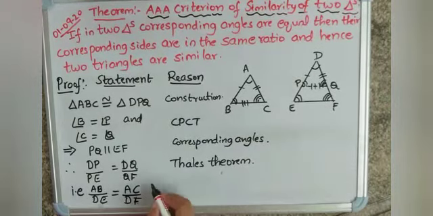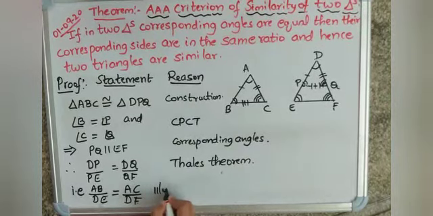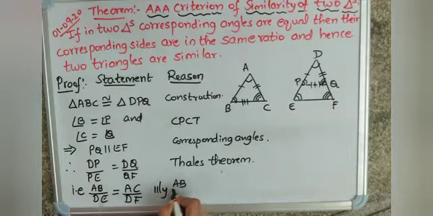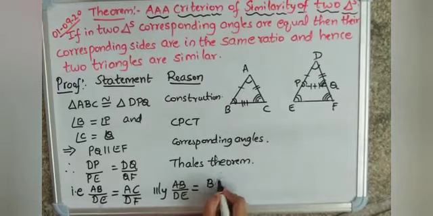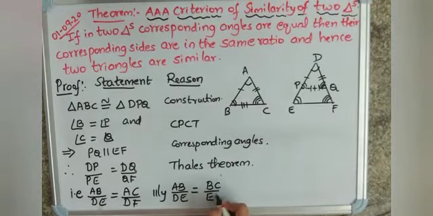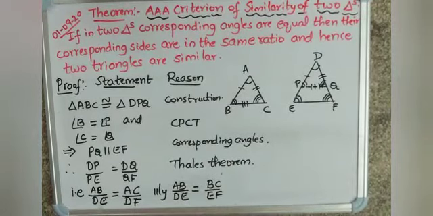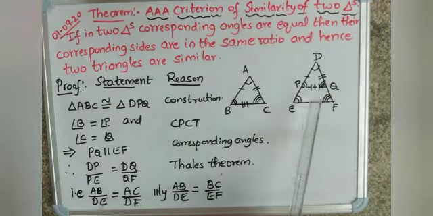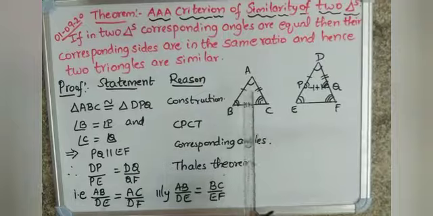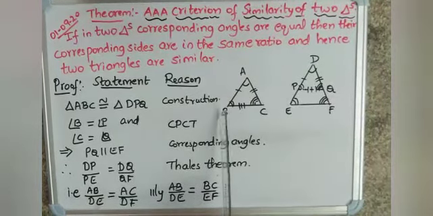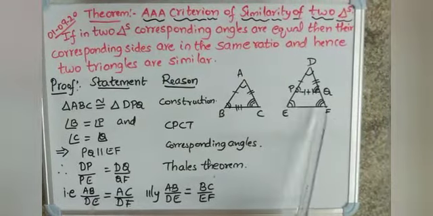It implies, similarly, again I am going to write AB by DE is equal to BC by EF. Right. Now AB by DE is equal to AC by DF, and AB by DE is also equal to BC by EF.